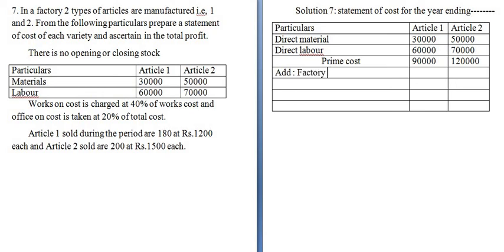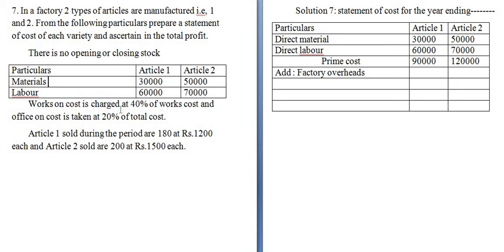Now add factory overheads. What information have they given? After this chart they have given one para, that works on cost is charged at 40% of works cost. It means factory overheads, works on cost is nothing but factory overheads.